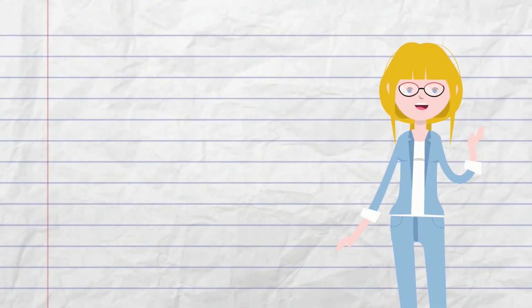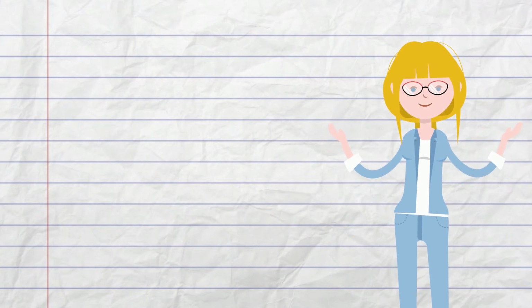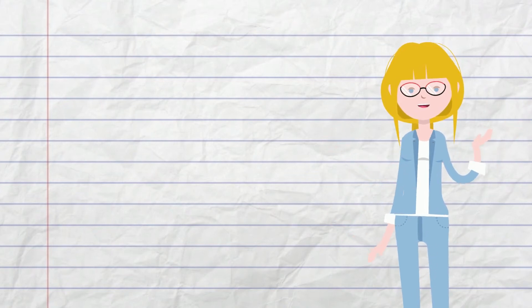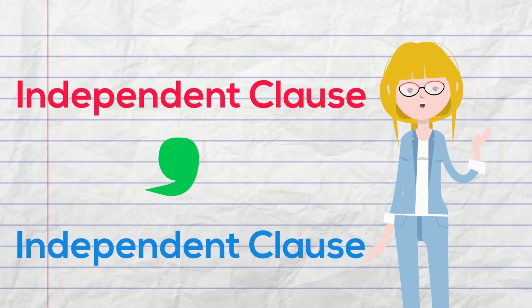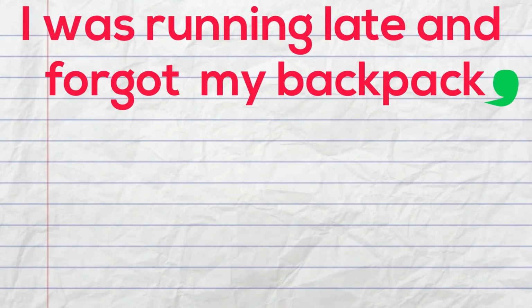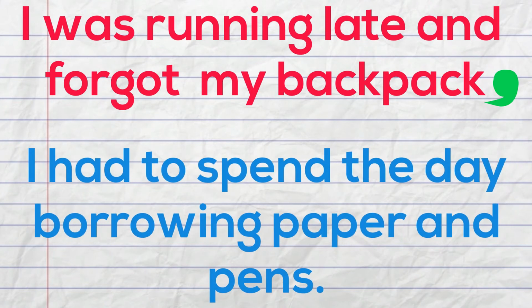First, we need to identify each independent clause. Hint, in a comma splice, they're usually going to be before and after the comma. In this instance, I was running late and forgot my backpack, and I had to spend the day borrowing paper and pens are the independent clauses.